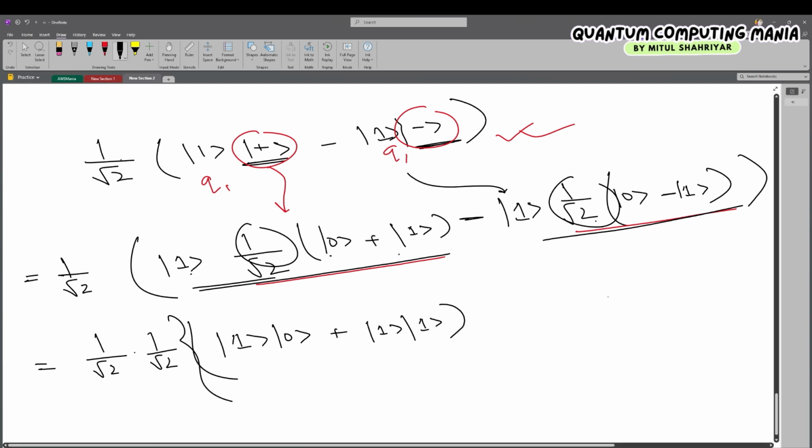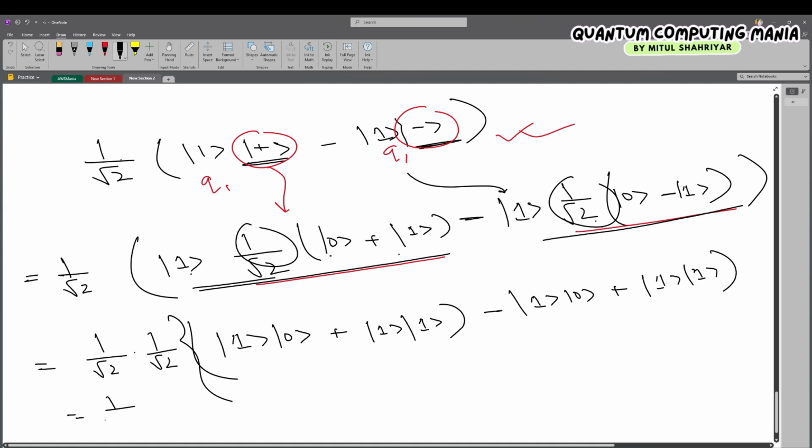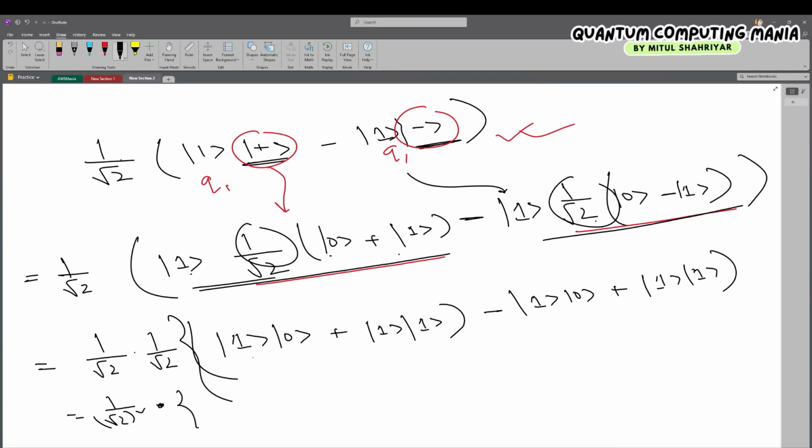We write a second bracket, no problem with that. 1 0 and minus is plus 1. Great, right? So it should be 1 by root 2 whole square, so it's like half, right? So half multiplication, and we can now compact this one, we can make it 1 0, no problem with that. We can compact this one and we can write this to 1 1.